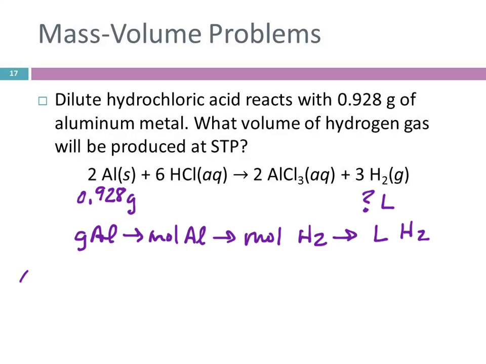Now that I have my path, I can write my equation. When you're starting out, always write the path. After you get the hang of it, you may be able to skip writing the path. But what I'm going to write now, the equation, you should always write out in full with all of the units. 0.928 grams of aluminum.